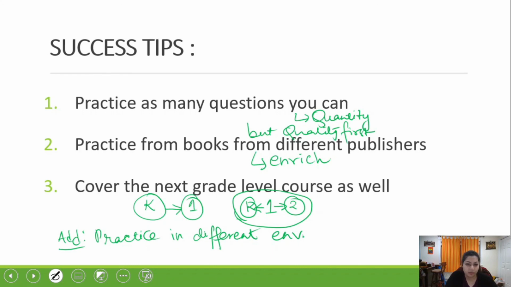So once they know the full course and they're confident, just take a sheet or a question paper and practice in the library, in an office room setting, in a food court. Different areas get them used to taking tests and the environment factor, then the anxious part will be gone. And another tip will be bubble sheets.